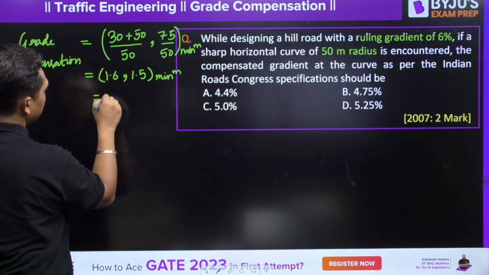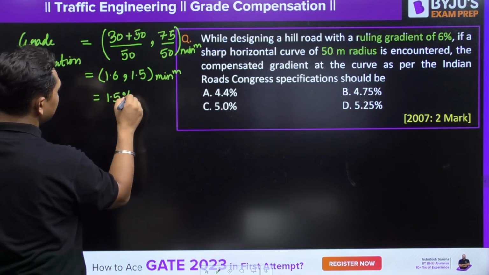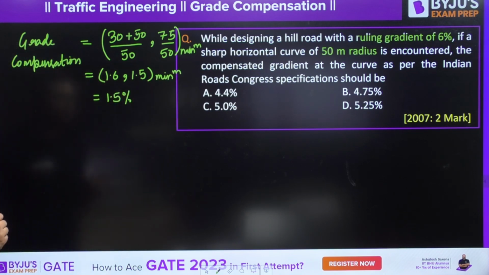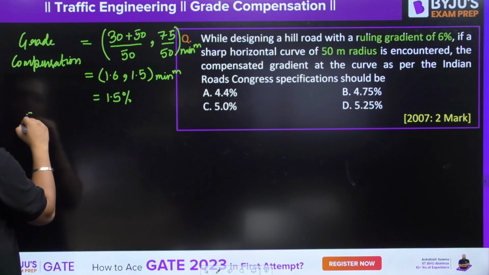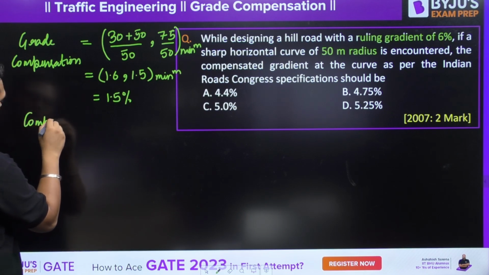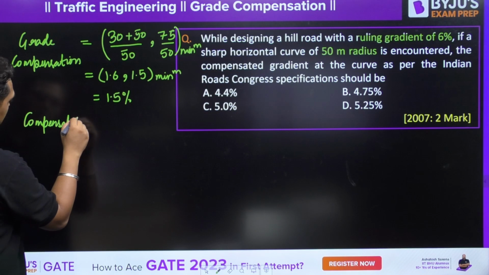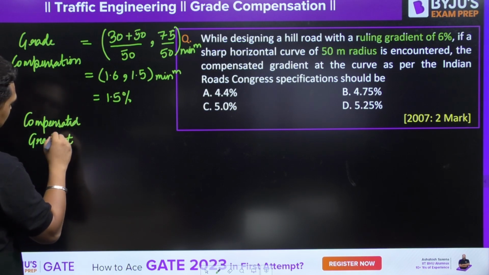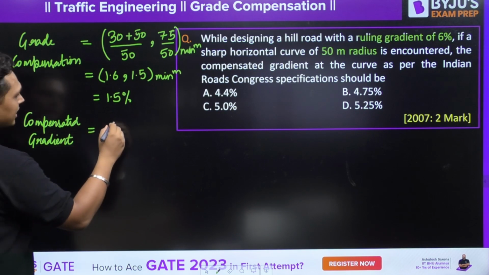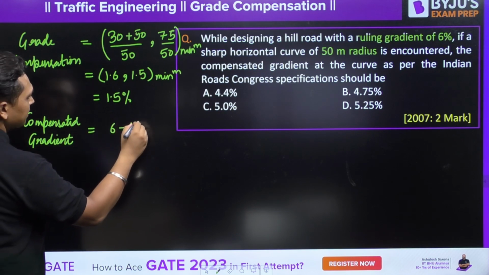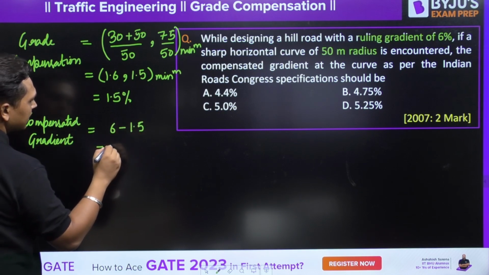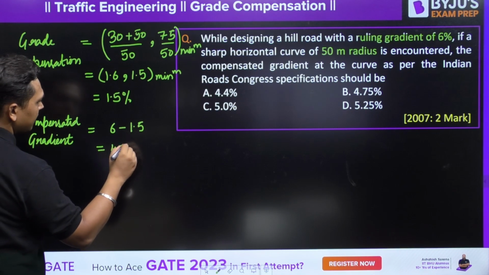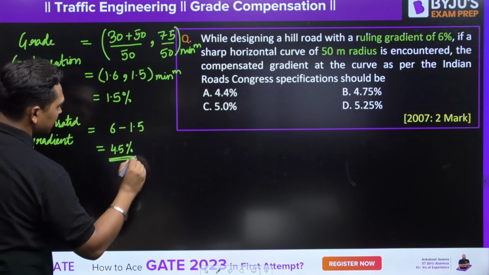So it comes out to be 1.5%. So this is the grade compensation required. So what is the compensated gradient? Compensated gradient is equal to ruling gradient minus grade compensation, which is equal to 4.5%. So this is your answer.